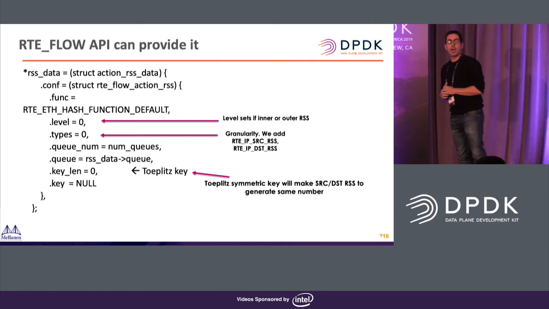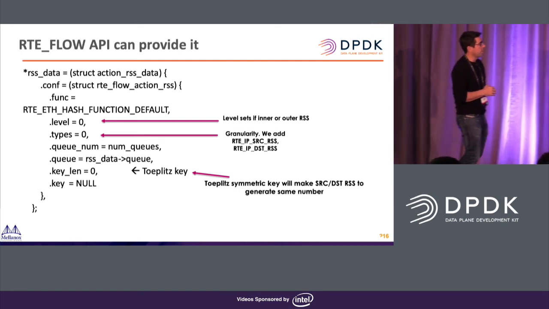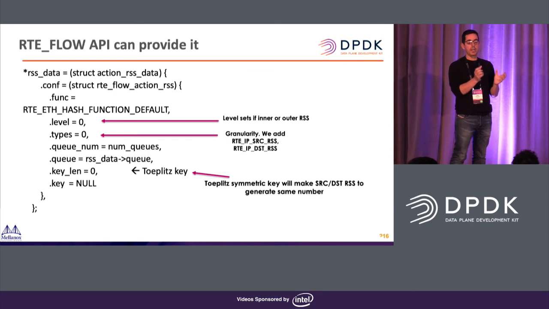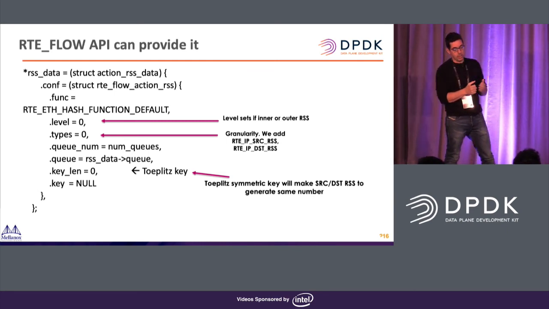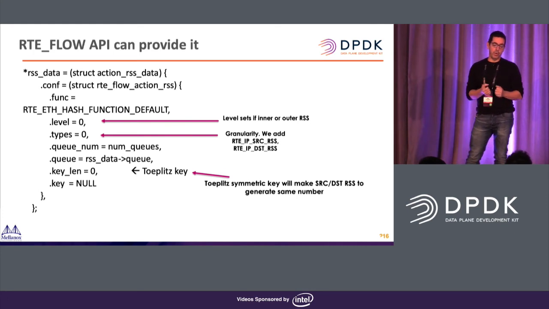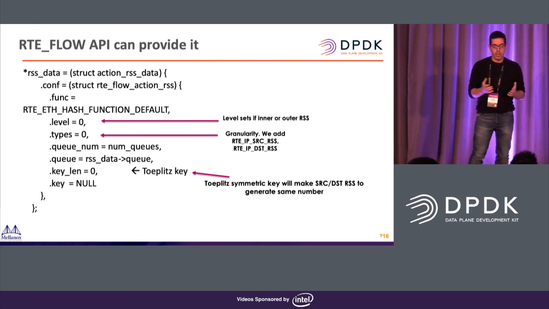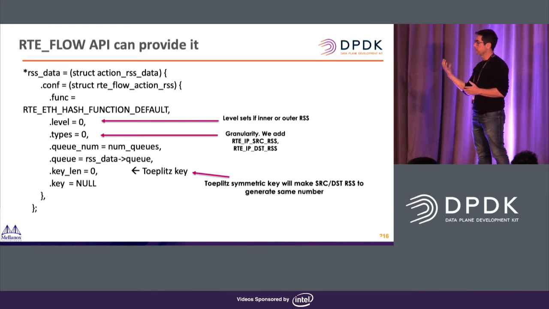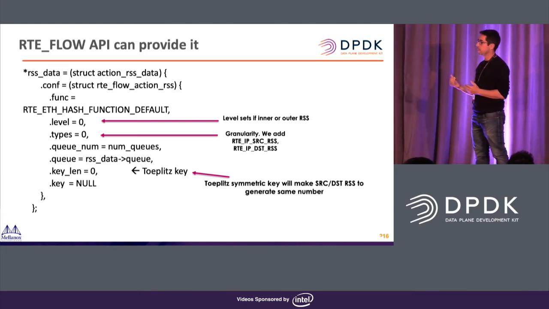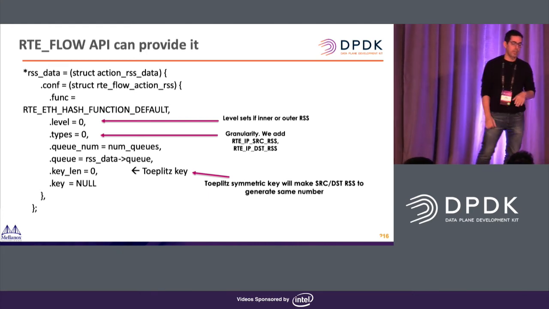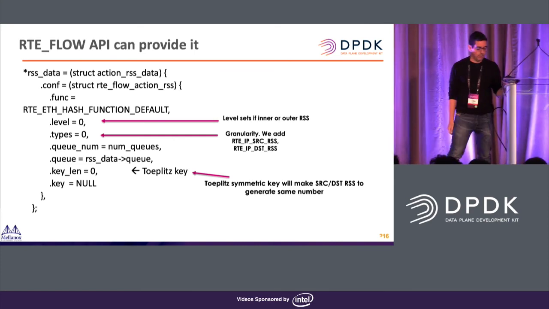The type means that you specify on which fields of the header you want the RSS to be done. In this case, we want to have a flavor of only source IP and only destination IP. And the key, if you're using a regular RSS, you can put here a symmetric key, and you will get the same RSS for both directions. So this already exists.